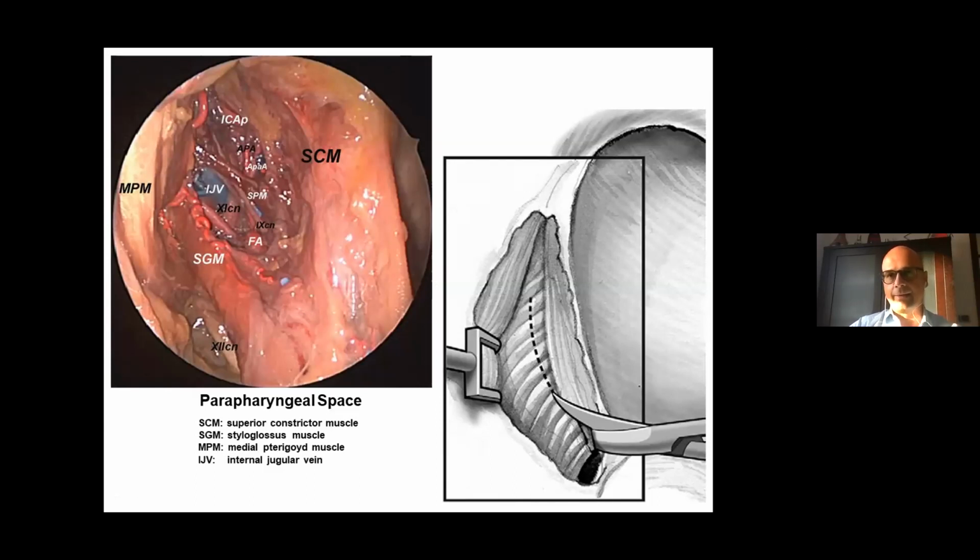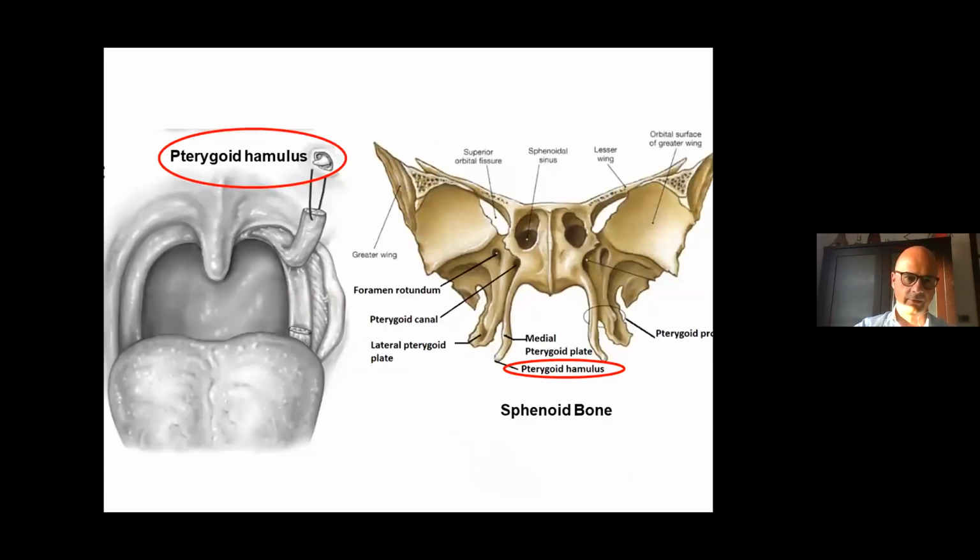Especially if you have a very low volume of cases, it could be tricky to perform this kind of procedure. And probably by using barbed pharyngoplasty, the procedure will be easier for surgeons.